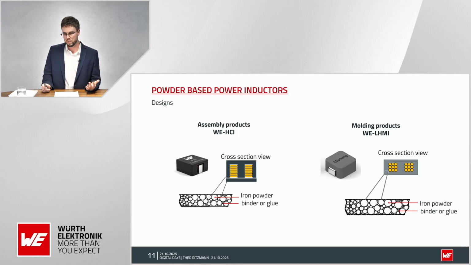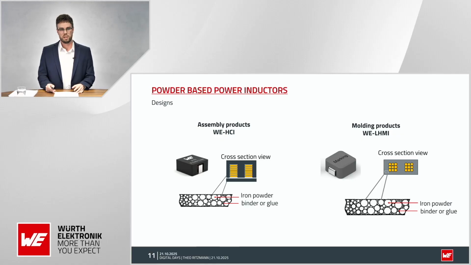But for sure, it has to be also considered that the inner construction and the inner materials also need to be able to handle the pressure and the temperature. The products, which are shown here, for example, on the left-hand side for the assembly type, is our WE-HCI. On the right-hand side, it's our WE-LHMI.